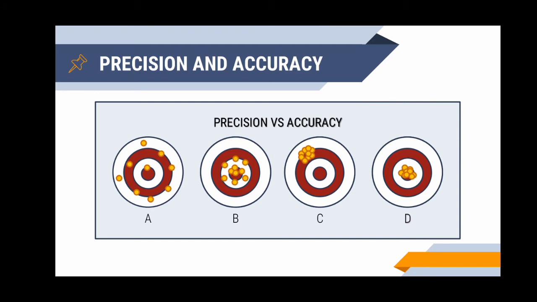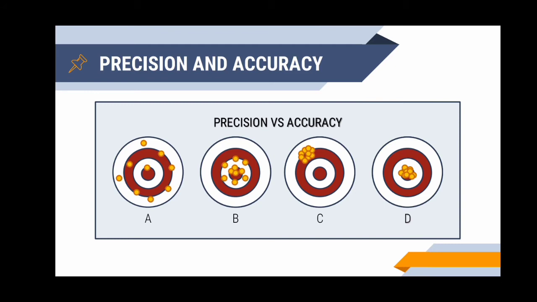In board B, it had a high accuracy but with low precision since yung mga darts are not that much closely to each other. Oppositely naman, sa board C, it had a high precision but with low accuracy because they are far from the center point, which is yung main target natin.